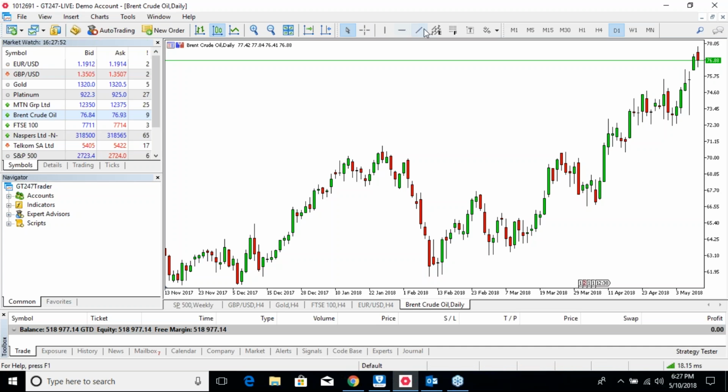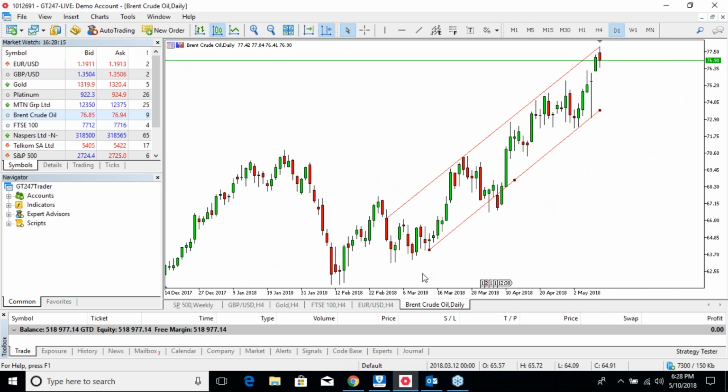Okay, so with Brent on a daily chart, we have a quick look here. Right now, we have this trend line going up. Just for good measure, we want to safeguard the bottom as well.